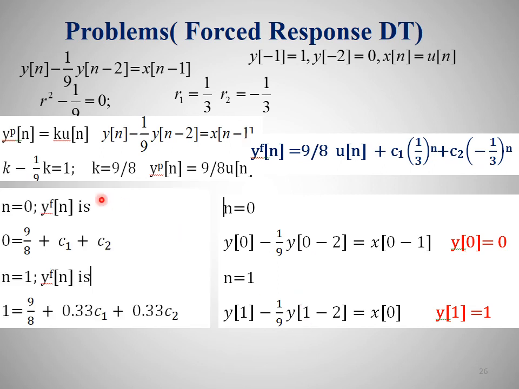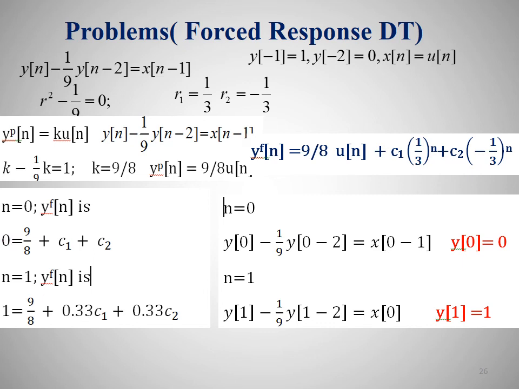And hence, let us now apply these two initial conditions, y of 0 equal to 0 and y of 1 equal to 1, to this particular expression. When n equal to 0, this will be 9 by 8 plus c1 plus c2, and since y of 0 is 0, this is equated to 0.